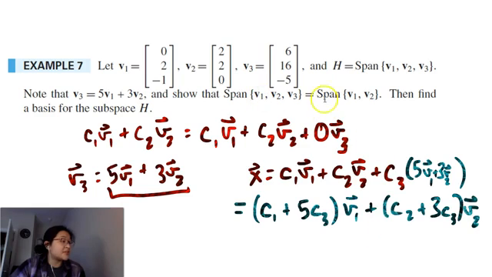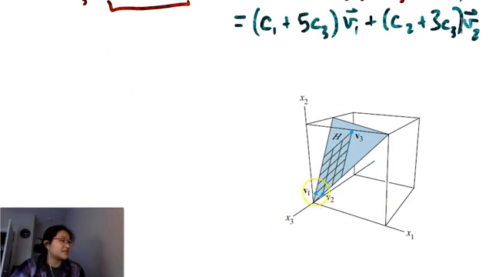We do have that our span of V1, V2, V3 is equal to our span of V1, V2. H and our span of V1, V2 is going to be the same set, and that's going to be a plane. It's going to be a plane that looks kind of like this, where V3 can be written as a linear combination of 5v1 plus 3v2. Right, that's what we're showing here with this grid, and that is going to be our span of V1, V2.